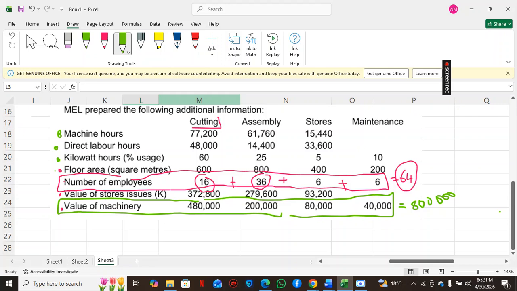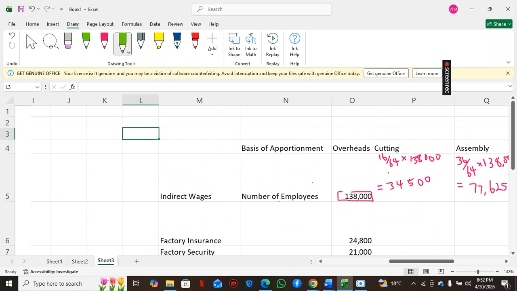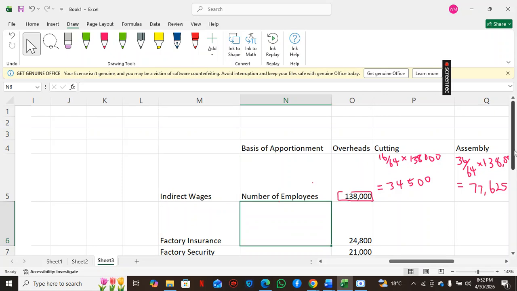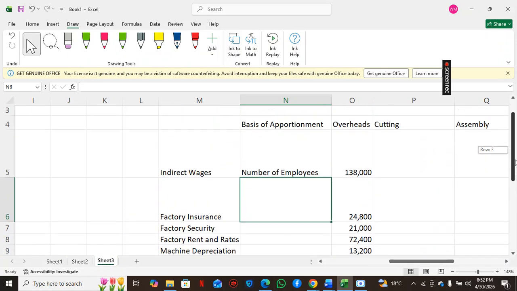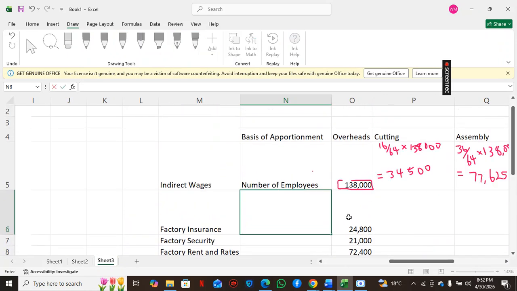So we're going to start with the cutting department. We say 480,000 over 800,000. Here we put the basis of apportionment, value of machinery.